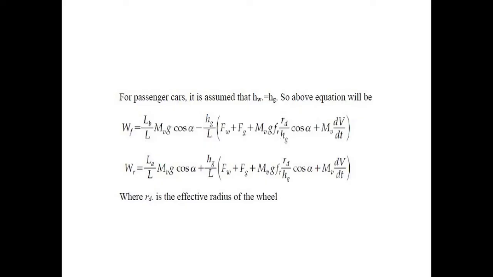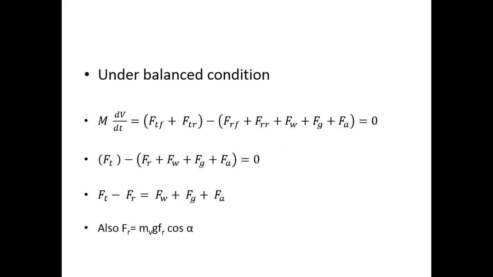Here MV g Fr cos alpha indicates the rolling resistance part. We already know capital Fr equals MV g small fr cos alpha, corresponding to the rolling resistance moment. Rd is the effective radius of the wheel. Similarly, we can derive the expression for the rear wheel also.